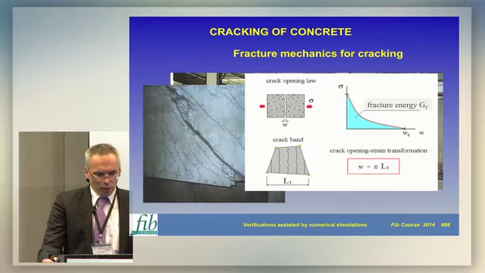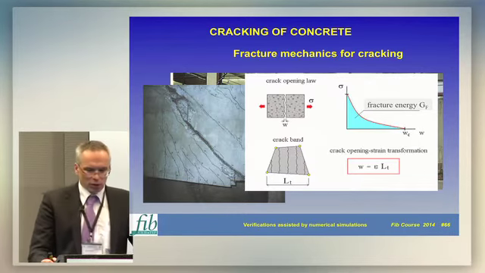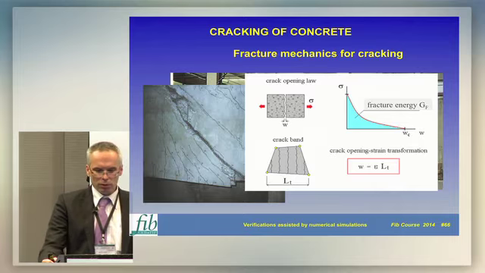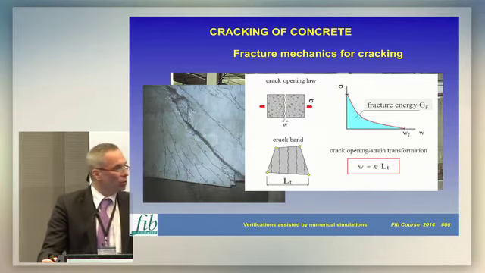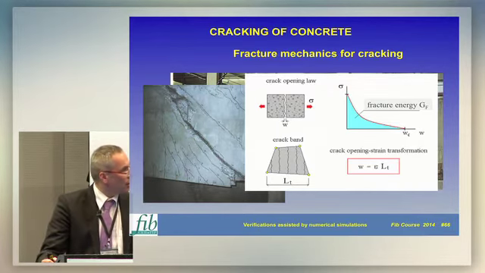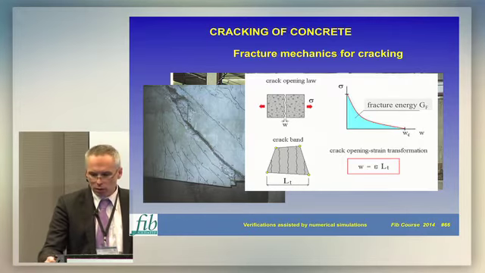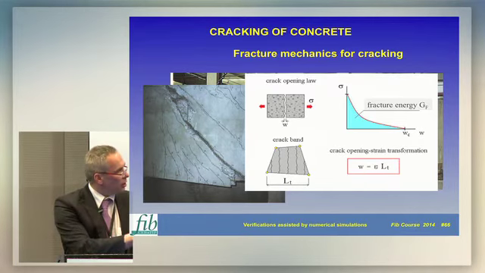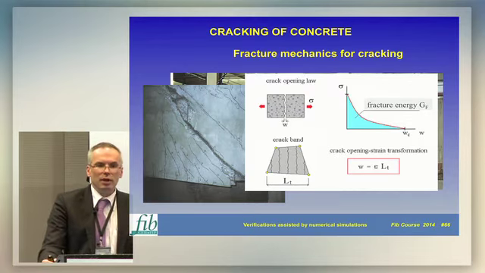What I'm showing here is one of the main models which is up to now used by most softwares to model the cracking. This is the so-called smeared crack model, where it is assumed that the crack, which in a real situation is a single line, is somehow smeared over the element.